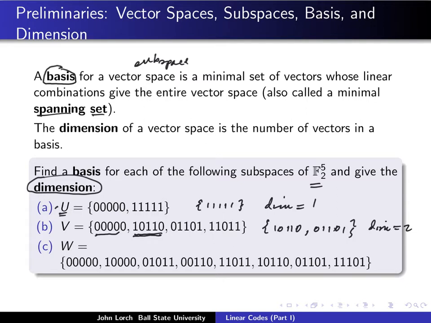And I think maybe now you believe that if we just used 1 or 2 of these, we would not get enough vectors to fill out W, right? If we only used 1 vector in our basis, that would fill out a set of size 2. If we used 2 vectors in our basis, that would fill out a set of size 4, and that's just too small. So we're going to need a set of size 3.